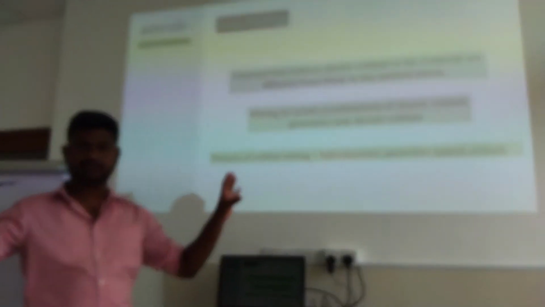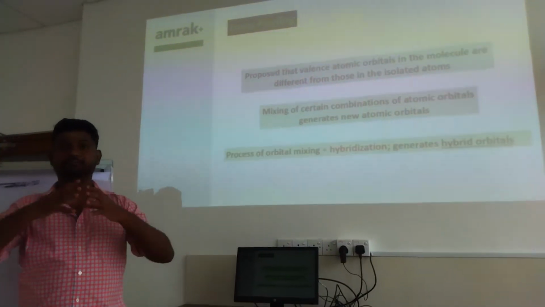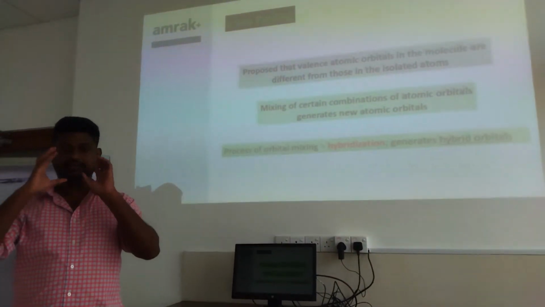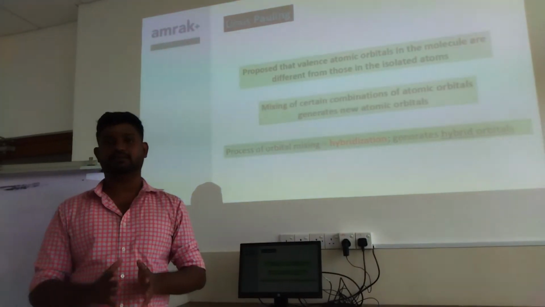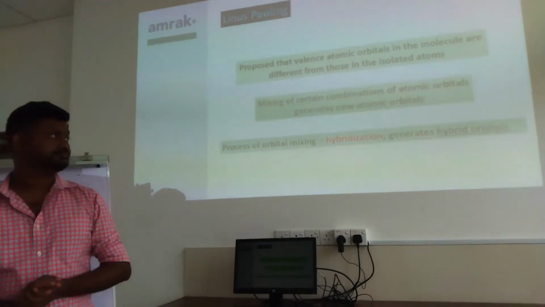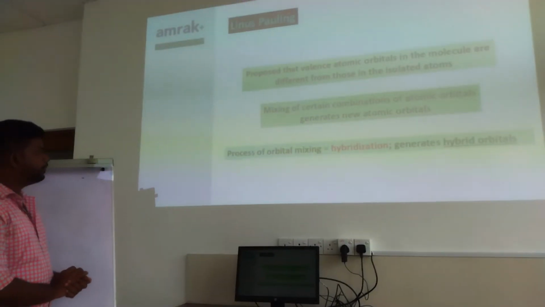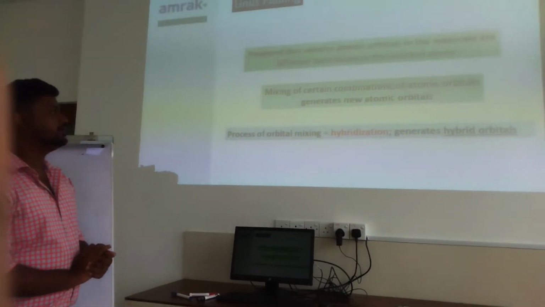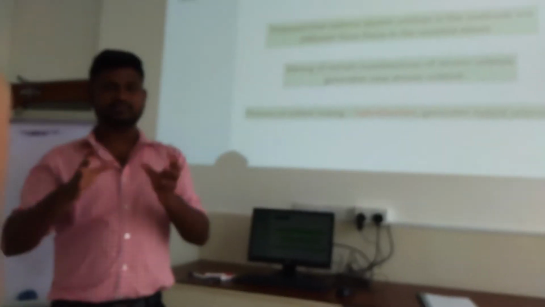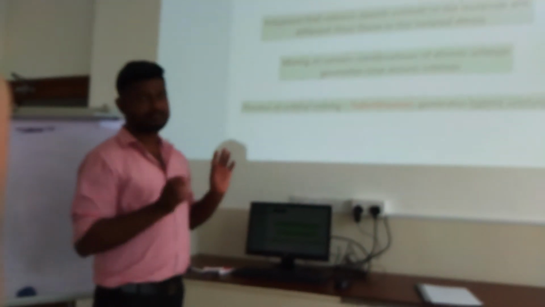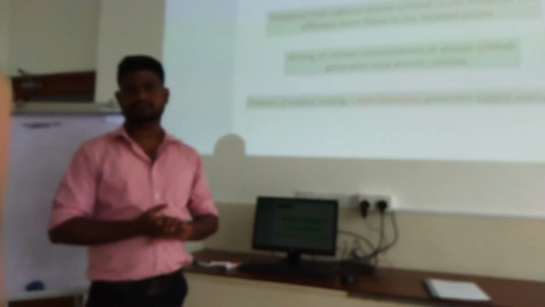But when you are mixing them together, they form one particular orbital called an sp hybrid orbital. Okay, like that. So the process of orbital mixing is known as hybridization, which generates hybrid orbitals. So hybridization simply means mixing of orbitals. That's all, right?